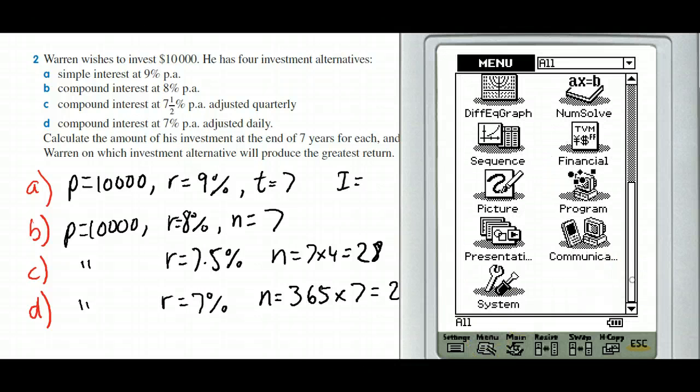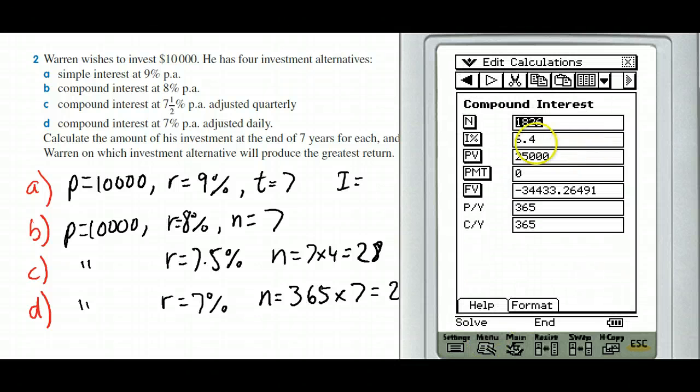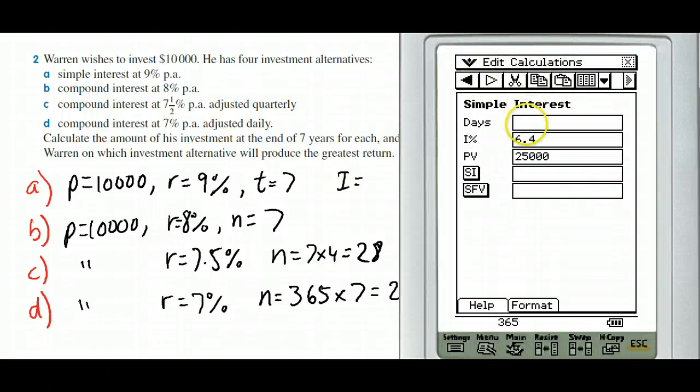So we'll go to the financial section. For the first one, we've got to use simple interest, so let's jump to simple interest. Okay, the number of days is 7 times 365, which it's calculated for us. The interest rate is 9%.